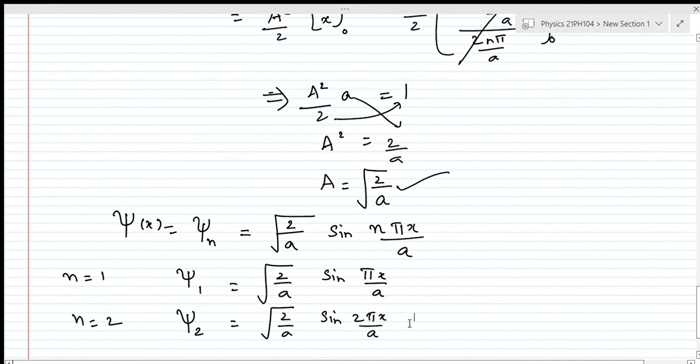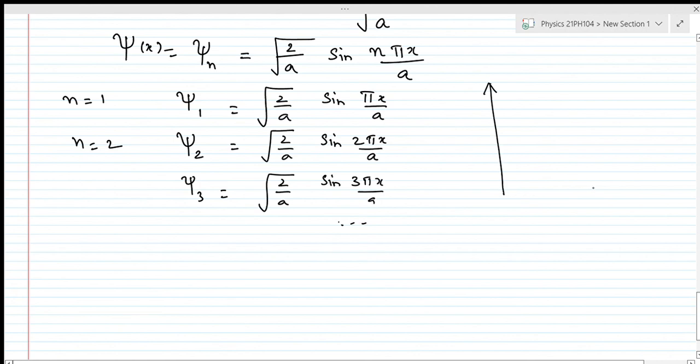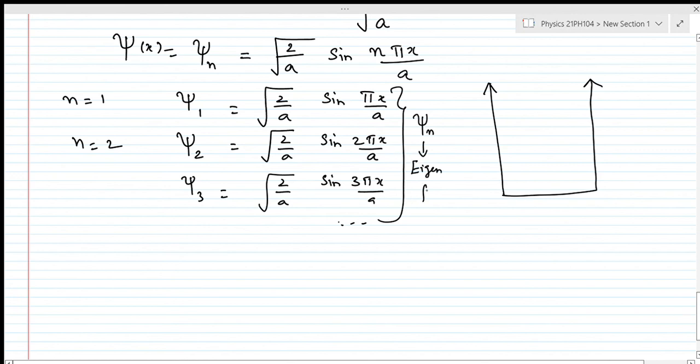Similarly, for n is equal to 3, you get root 2 by a sine (3 pi x by a), and so on. So this set of wave functions for the particle moving freely in the one-dimensional box is called eigenfunctions.